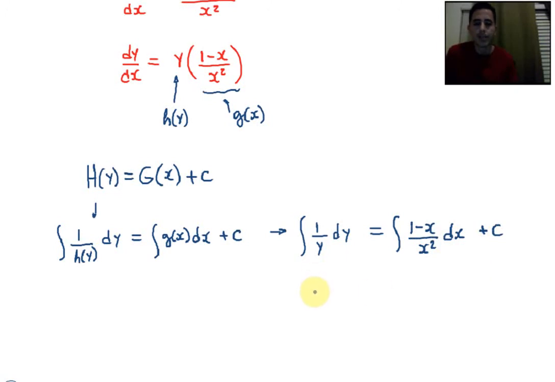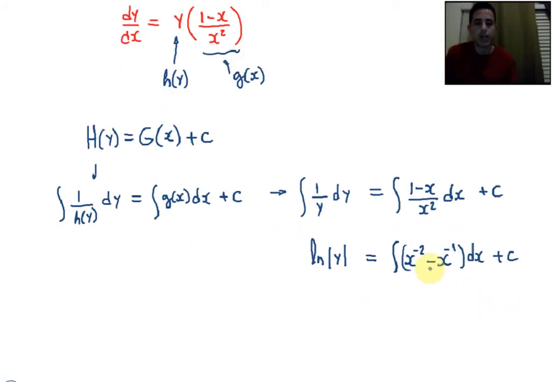Okay, on this side, the antiderivative of 1 over y dy, with respect to y, that's natural log of the absolute value of y. And on this side, if you want, you can simplify it a little bit more. You can write it as x to the -2 minus x to the -1, right? You divide 1 over x squared, that's x to the -2, minus x over x squared, that's x to the -1, dx plus c.